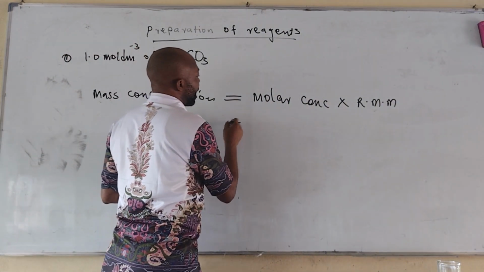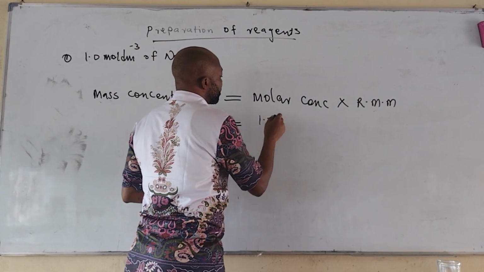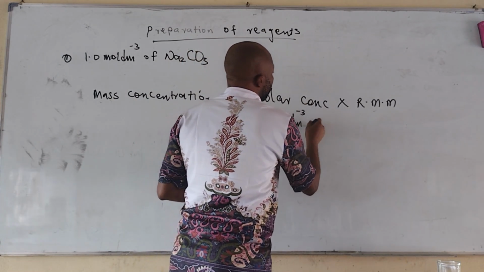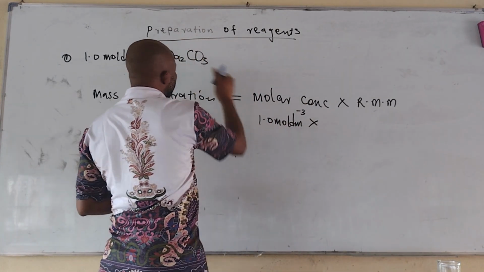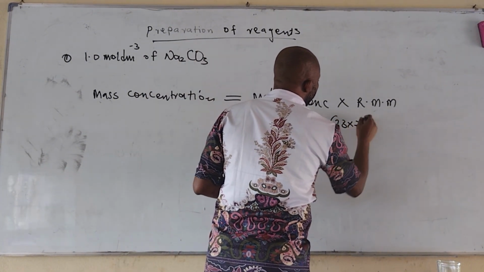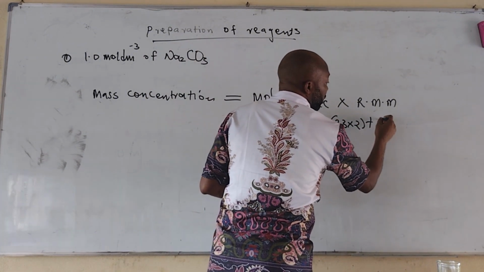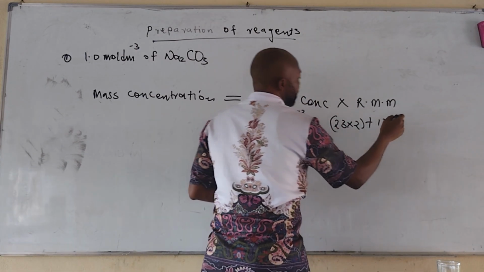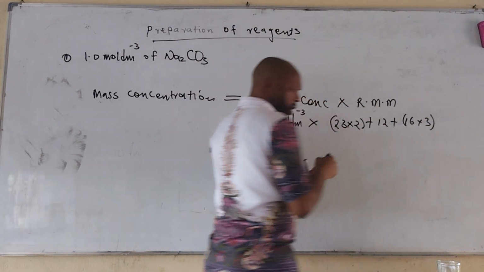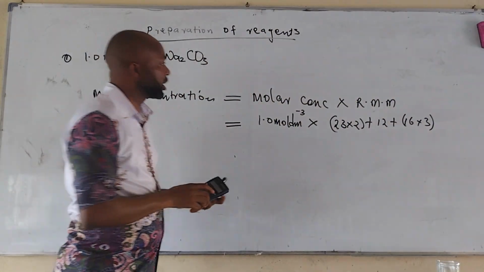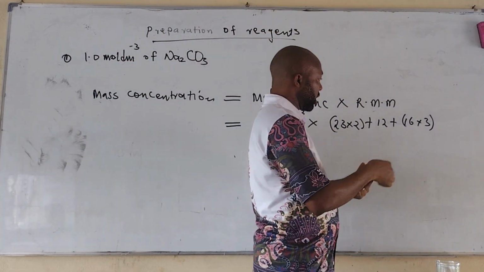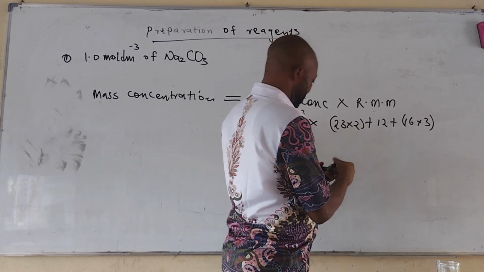So I will be having 1.0 mole per dm cube times the relative molecular mass of sodium. Sodium is 23 times 2 in the bracket, plus carbon is 12, plus oxygen is 16 times 3. So we have to calculate them out. 16 times 3 gives us 48.